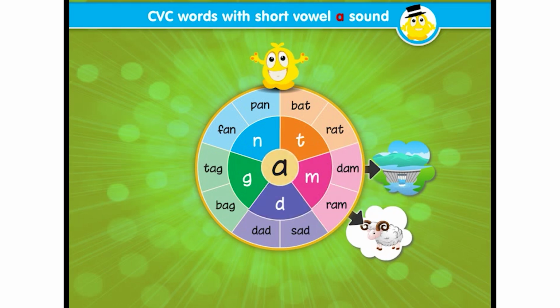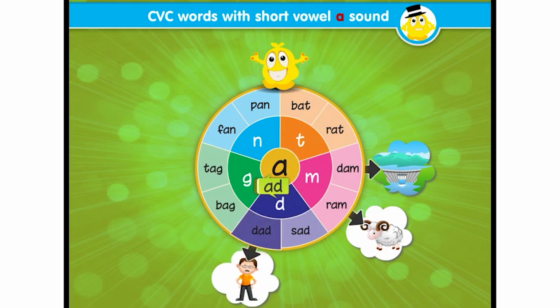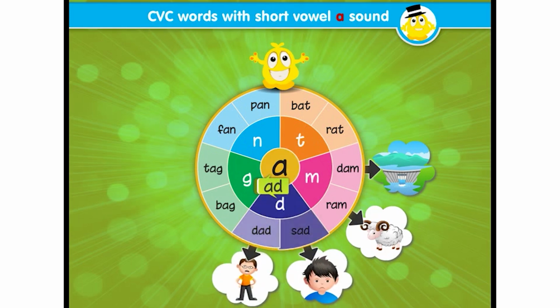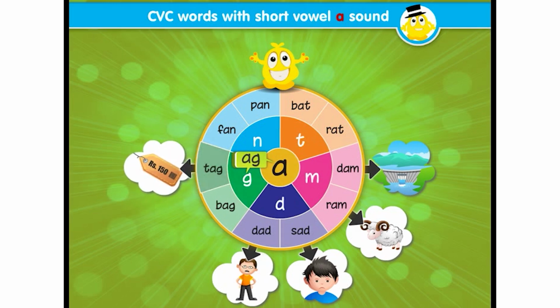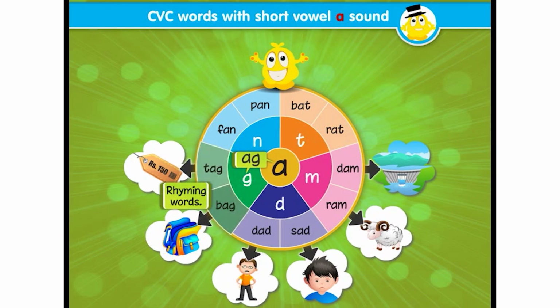A and D makes ad, as in dad and sad. Dad and sad are rhyming words. A and G makes ag, as in tag and bag. Tag and bag are rhyming words.